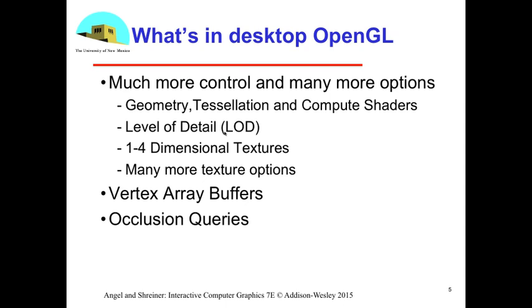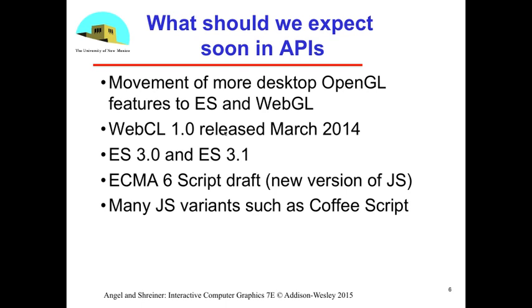Now, if you turn to look at what we're going to see perhaps in WebGL soon, a lot of these features are going to move, although they're moving at different rates. So, for example, geometry and tessellation shaders were available in desktop OpenGL before compute shaders, but what we're seeing is that compute shaders are coming faster than geometry or tessellation shaders.